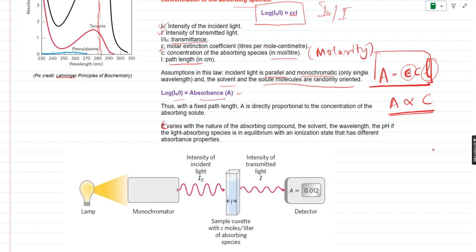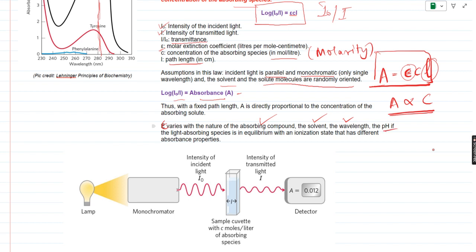So if you see the epsilon, which is your molar extinction coefficient, it is going to vary with the nature of the absorbing compound. It is going to be different for different compounds. It is going to vary with the solvent in which the compound is present. It is going to vary if you change the wavelength of the incident light, and also the pH.